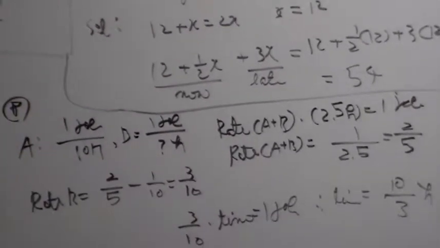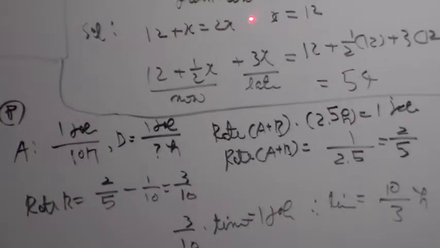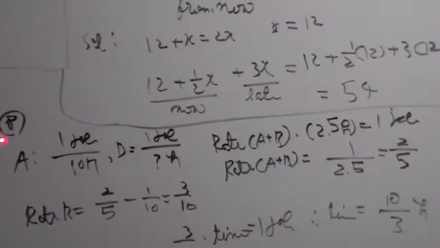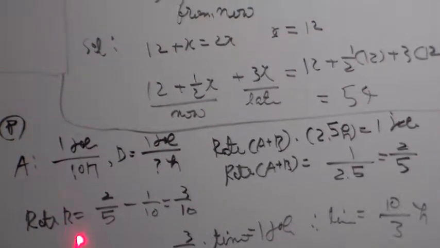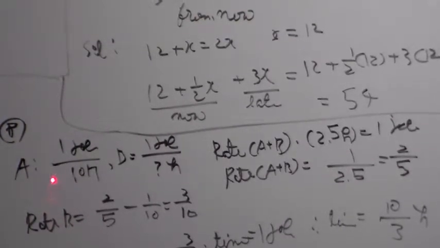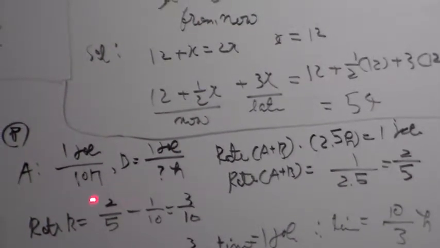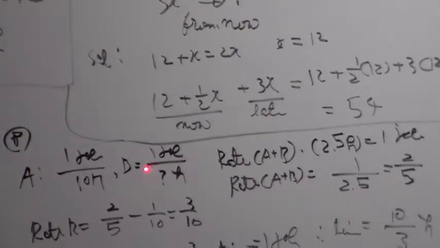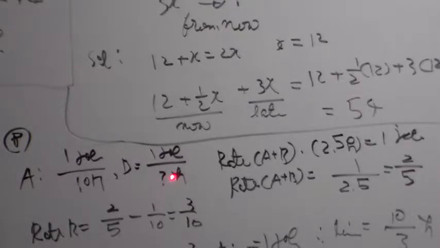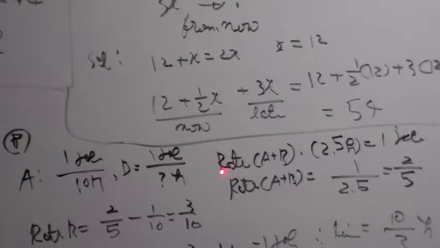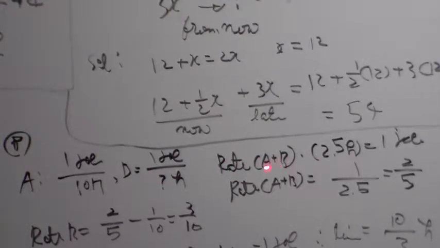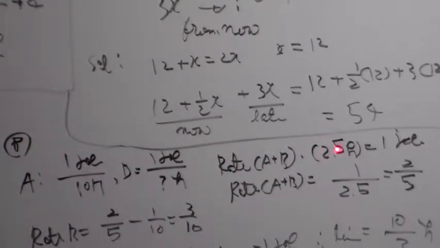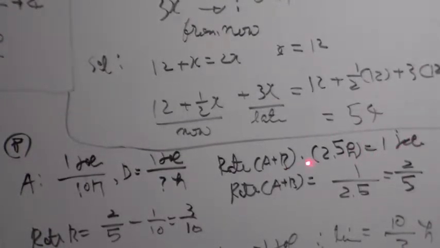Okay, interesting. This is a time and rate problem. Machine A has one job. We can say one job in 10 hours, right? So the rate is one job over 10 hours. But machine B, the same kind of one job, we don't know yet, so we have to find out. But the given information is that A and B together take 2.5 hours for the one job. So time and rate, and the work is one job.